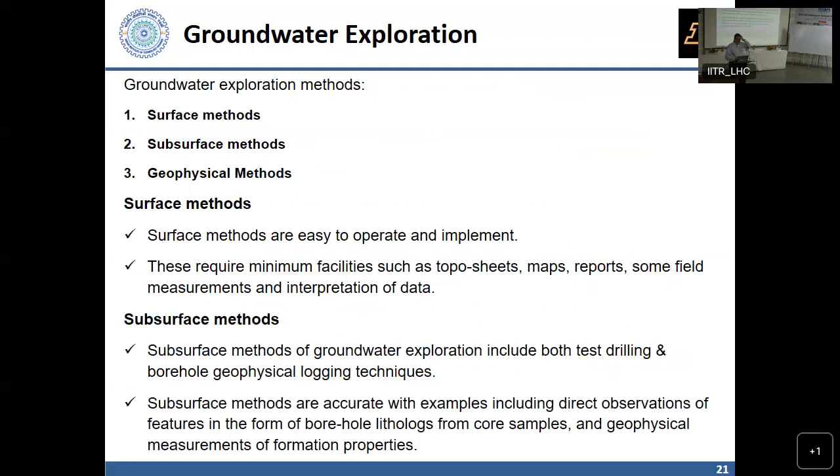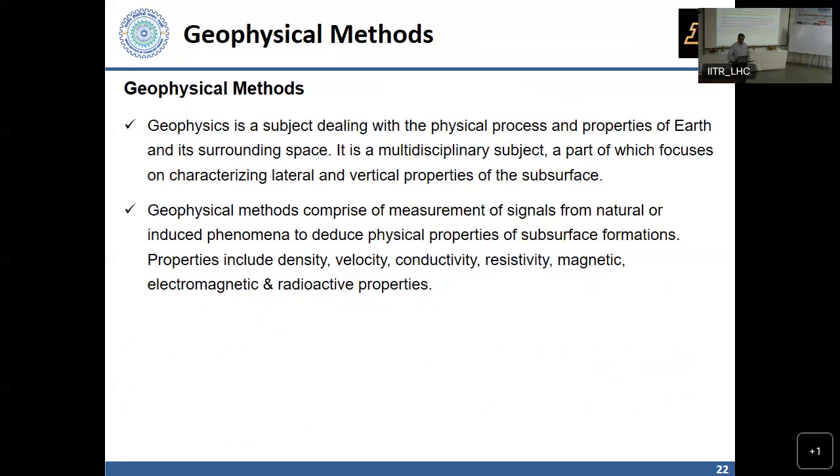And then there are geophysical methods, sometimes a separate subject, dealing with how to map the properties of the Earth's surface. The part that we are interested in is how they look at subsurface properties.